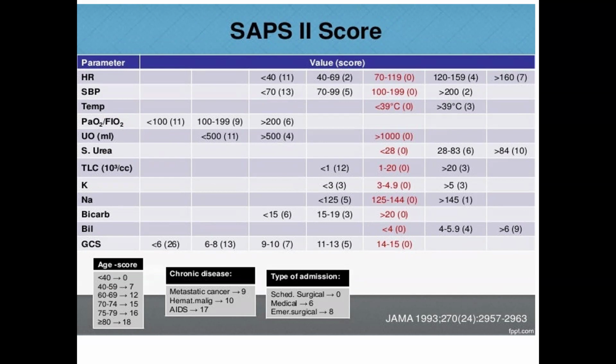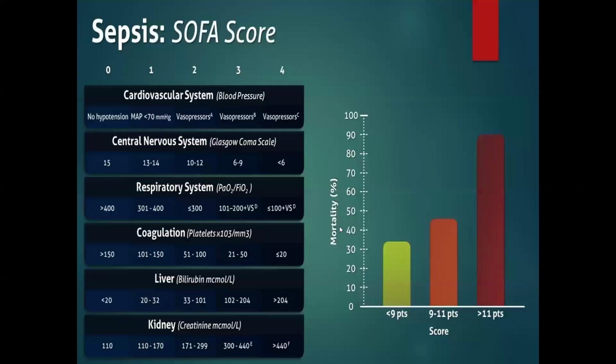As you see, the SAPS is more comprehensive. It includes other stuff like type of admission and chronic disease and so forth. And there are many versions of these. I mean, there's APACHE 1, 2, 3, and 4. So we don't use it that much in ICUs, except for research.